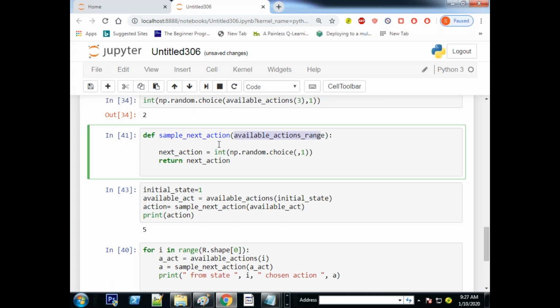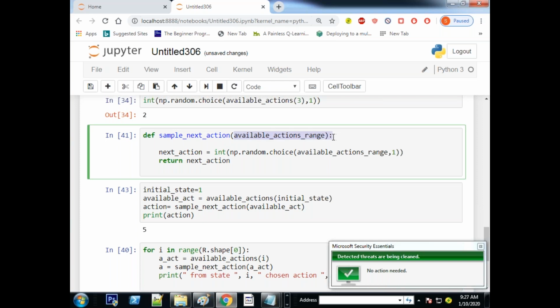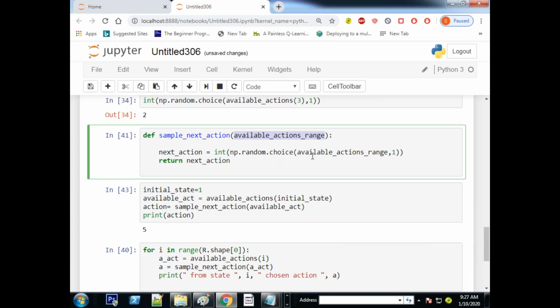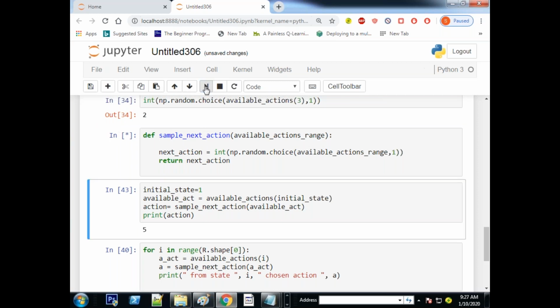What are the thing we are passing here? That thing, let's keep it as argument. Possible actions list is here. From that list, picking one random number. Number of random values you can give it. Now again I am rerunning this.